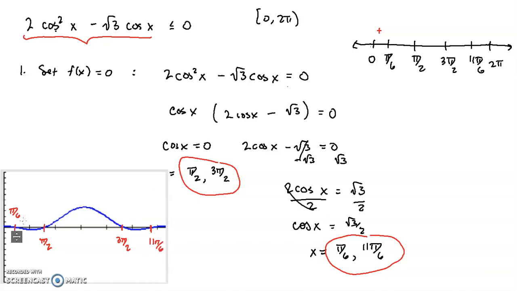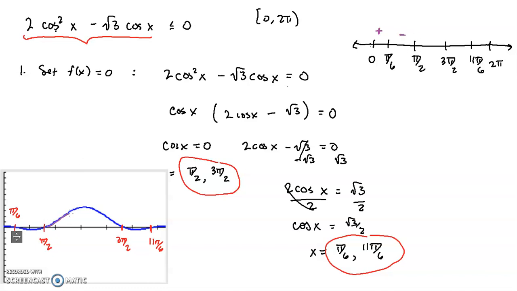Okay, now you should be able to look at the graph and see exactly whether it's above or below the x-axis. So it's a little bit close. You might have to zoom in on your calculator, but you can see that this one is above. Okay, so that one is above. That's going to be positive, and you see we already marked this one as positive. It's still positive. This part goes below. That means that the function is negative.